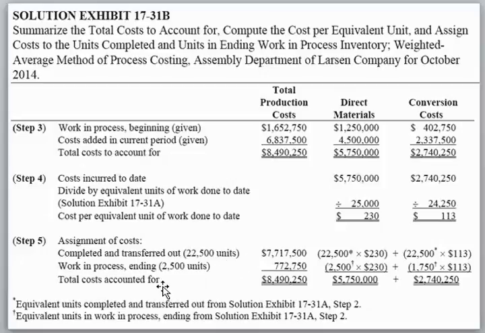So the total cost accounted for: the direct material balance will be 5,750,000 and for the conversion cost 2,740,250. So the total production cost accounted for is 8,490,250.